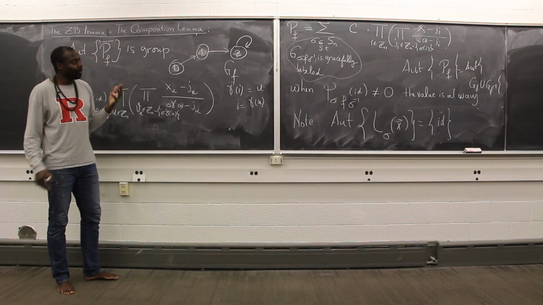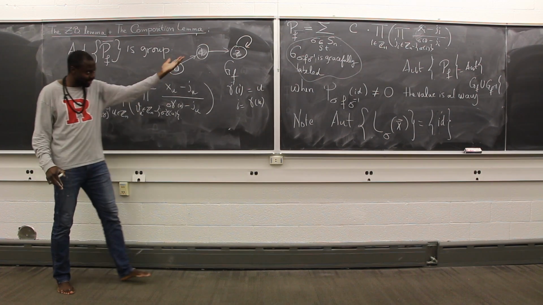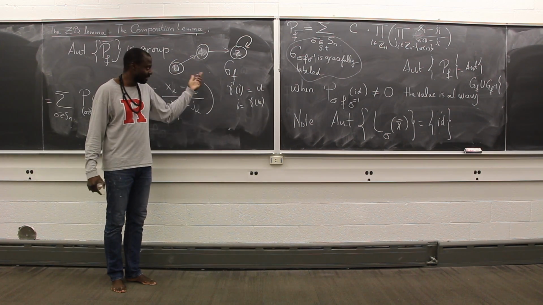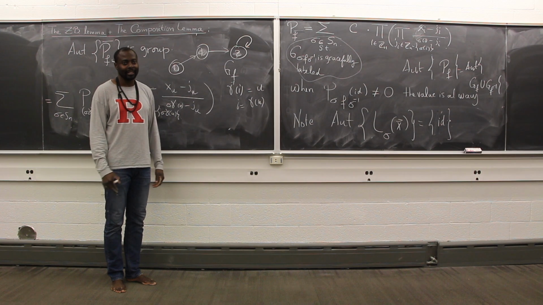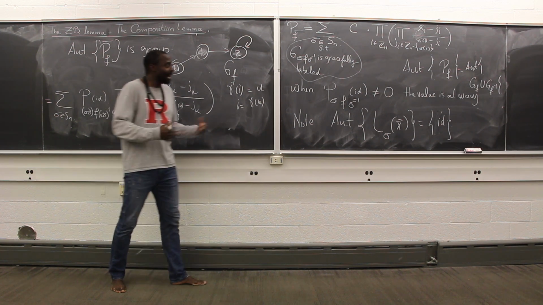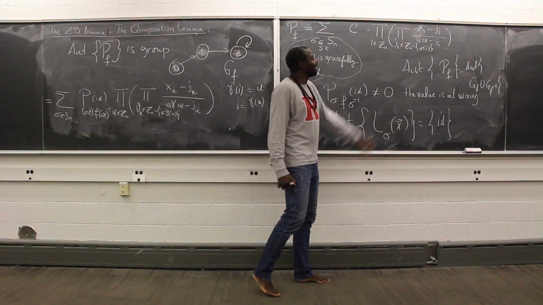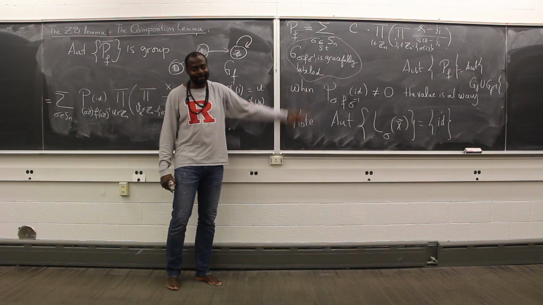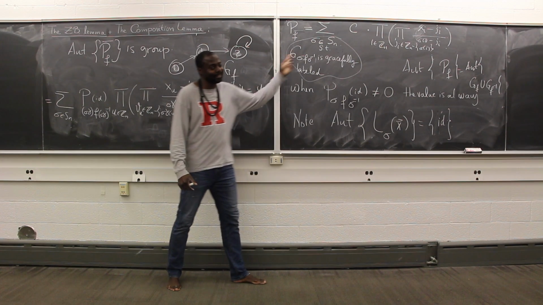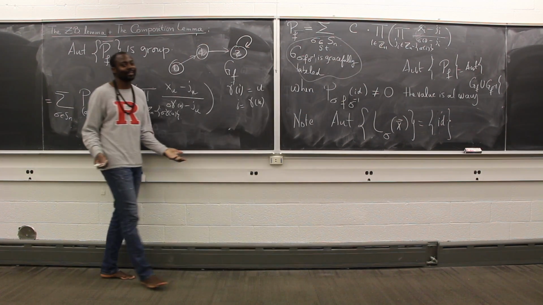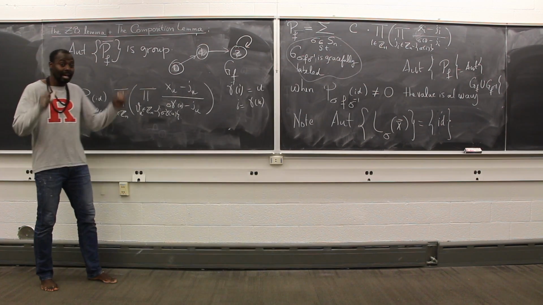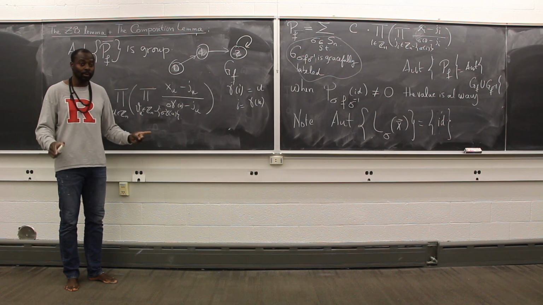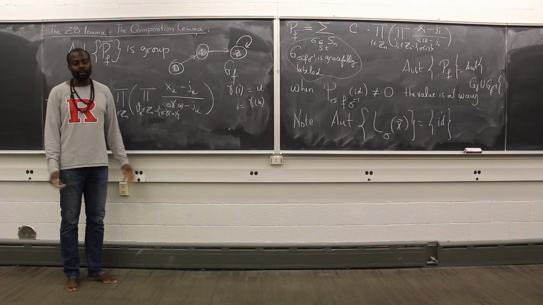So without loss of generality, you can assume that F is non-graceful, I mean, the labeling is ungraceful. If you happen to pick a graceful labeling, then identity is there, but there's some different reason why this is not a group. It's easier to see that it's not a group if you pick an ungraceful labeling. And without loss of generality, as long as the number of vertices is bigger than 2, every graph has an ungraceful labeling.